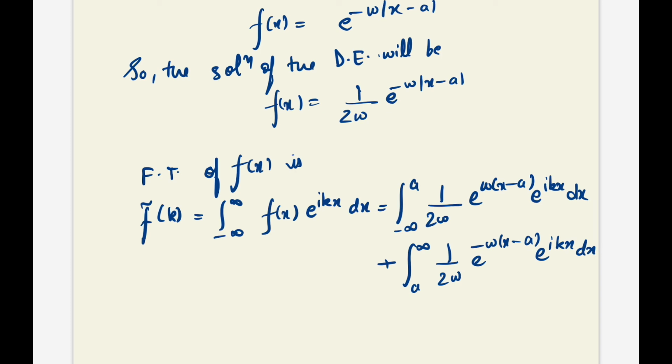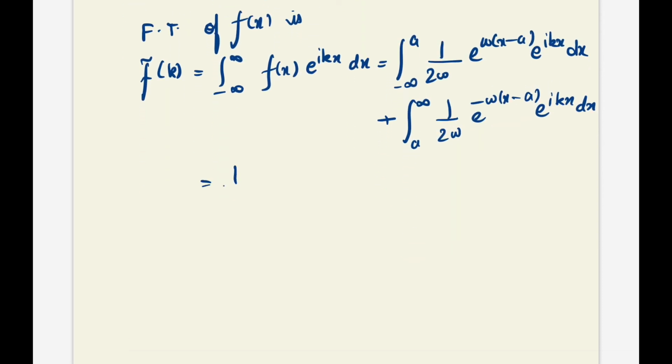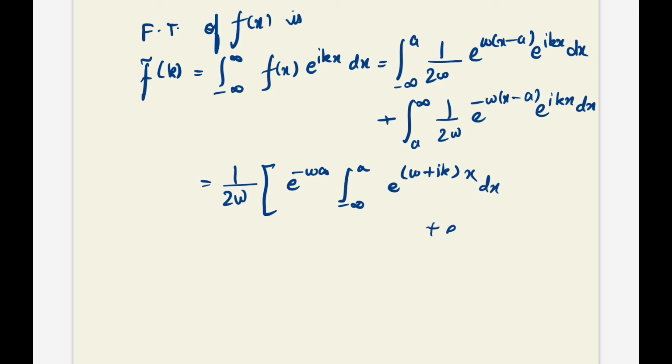Now we will solve this equation. What we get is 1 over 2 omega, e to the power minus omega a is a constant, it is taken out, minus infinity to a of e to the power omega plus ik x dx, plus e to the power omega a is again taken out, since it is a constant term, a to infinity of e to the power minus omega minus ik x dx.